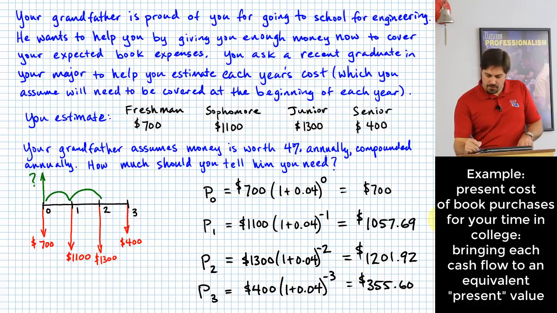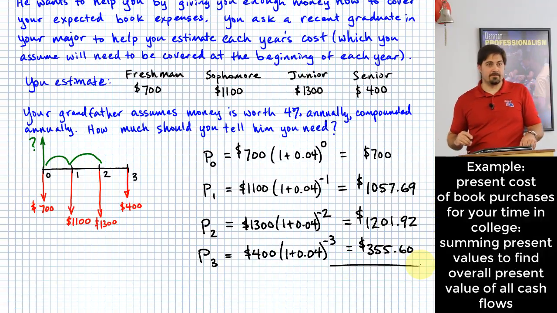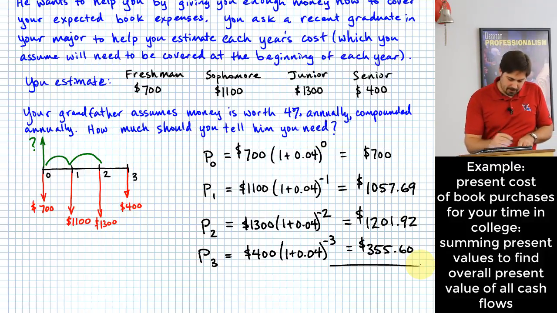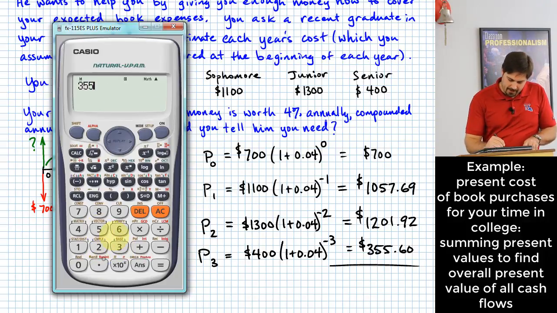Okay, so you take all of this, you know your grandfather's going to check your work, right? So you take all this to him and show it to him. And how much do you ultimately ask for? Okay, 355.60 plus 1,201.92 plus 1,057.69 plus 700.